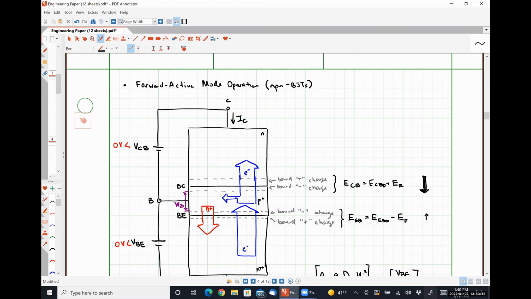Okay, so we should see, I'm going to try to draw this like this so that we see some portion of those diffusing holes are coming from the base terminal.